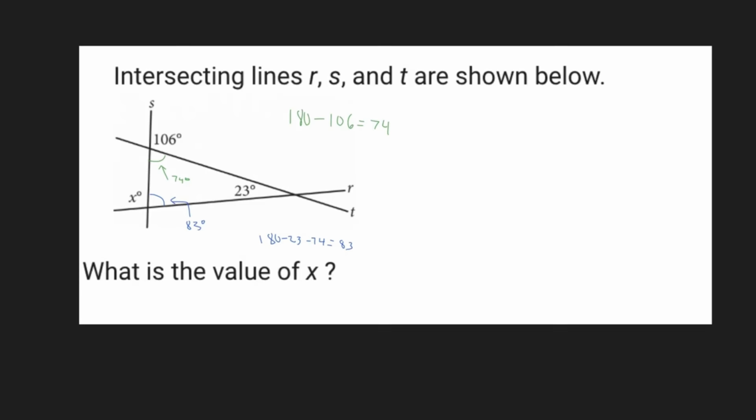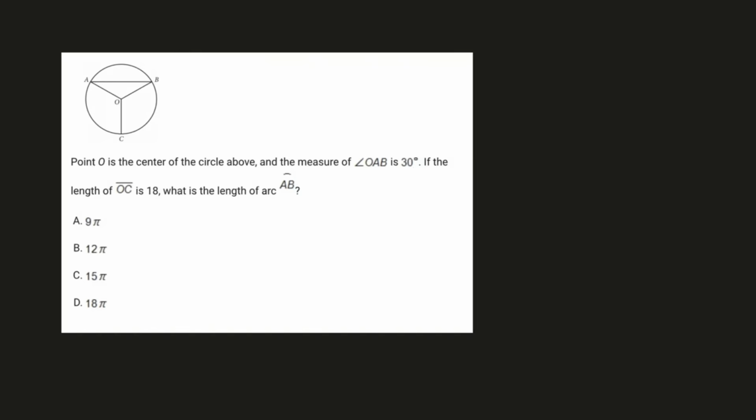Now why? Because we have two angles lying on the line R, right? So any two angles on a line will be equivalent to 180 degrees. And so here we're going to just do 180 minus 83 and get our value of x, which is going to be 97 degrees. And yeah, that's how you see it.